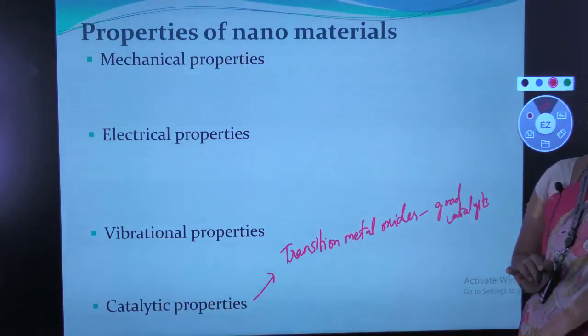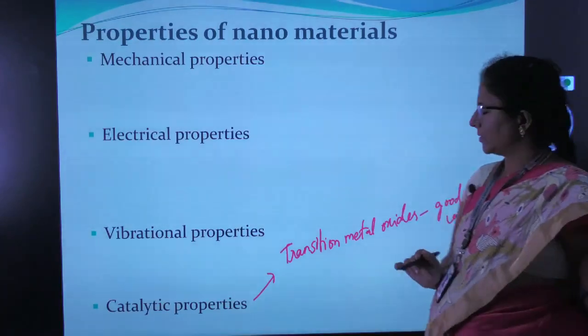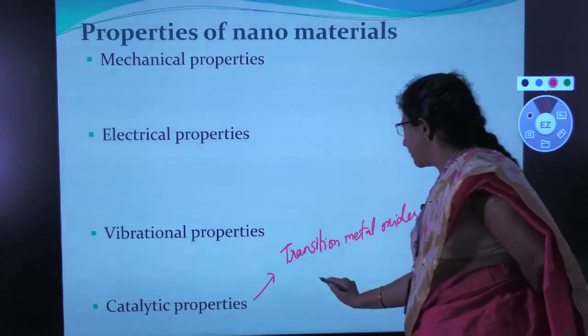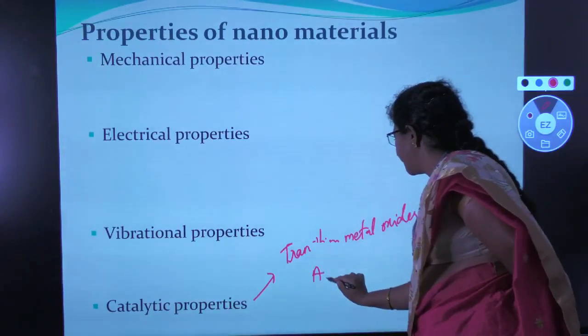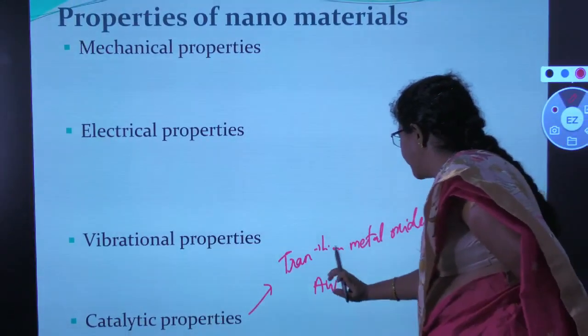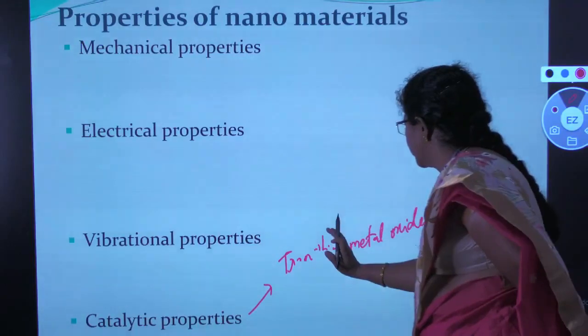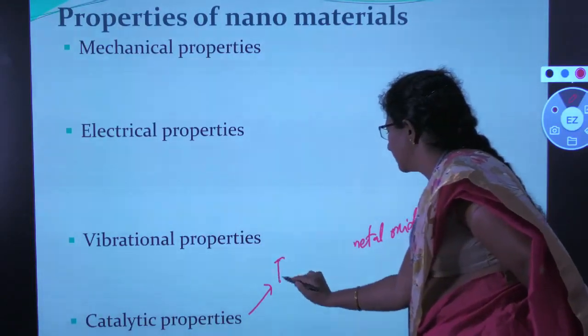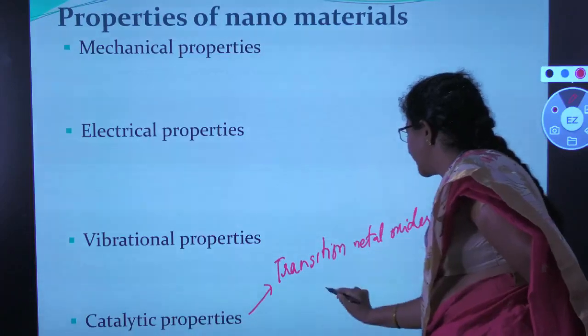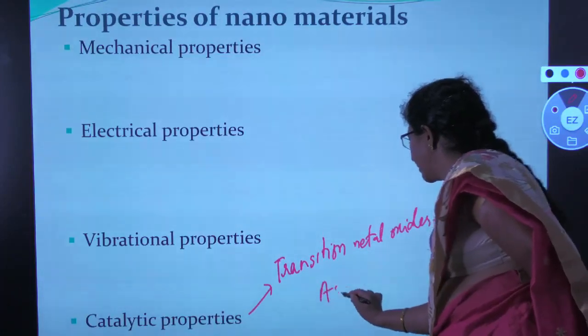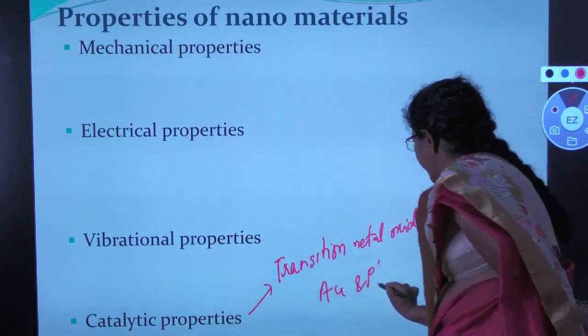And the catalysis can be further enhanced using nano-sized gold and platinum.